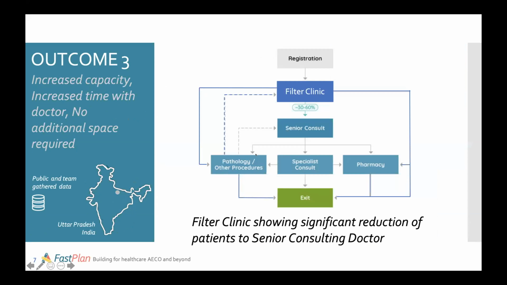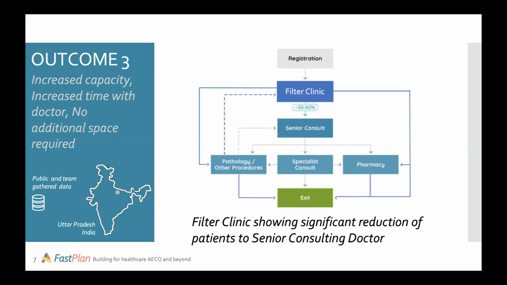In this particular project in Uttar Pradesh, India, the client wanted to improve the patient care. And this is a setting where approximately 400 to 500 patients come to see an individual doctor per day. So the demand is quite high. So our approach was to institute a filter clinic, and the filter clinic gleaned between 30 and 60% of the patients from the senior consultants.